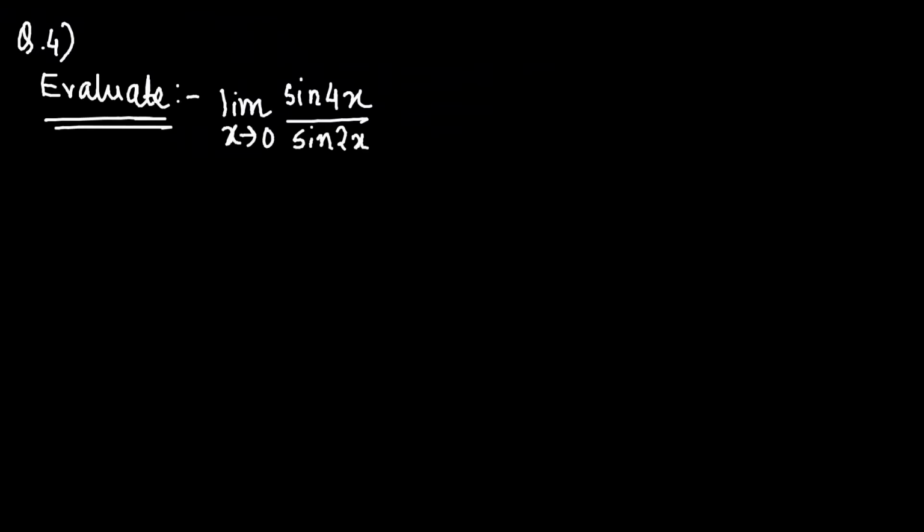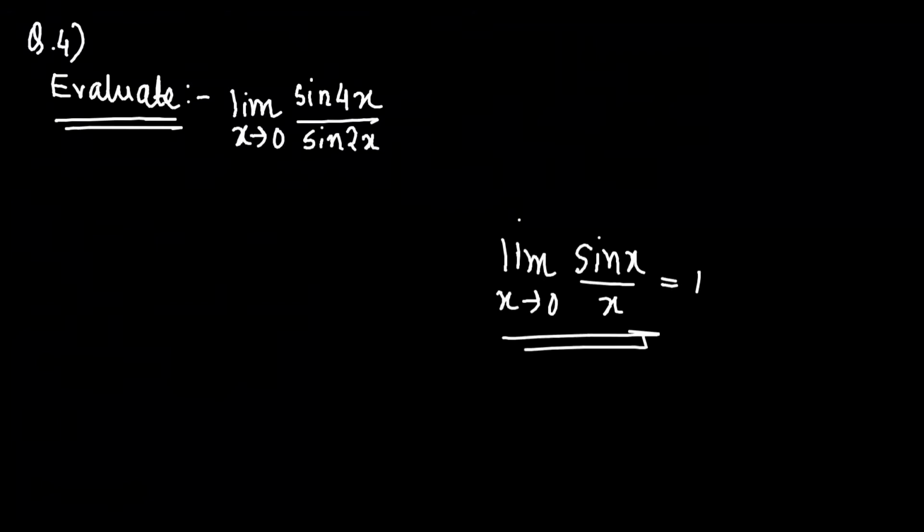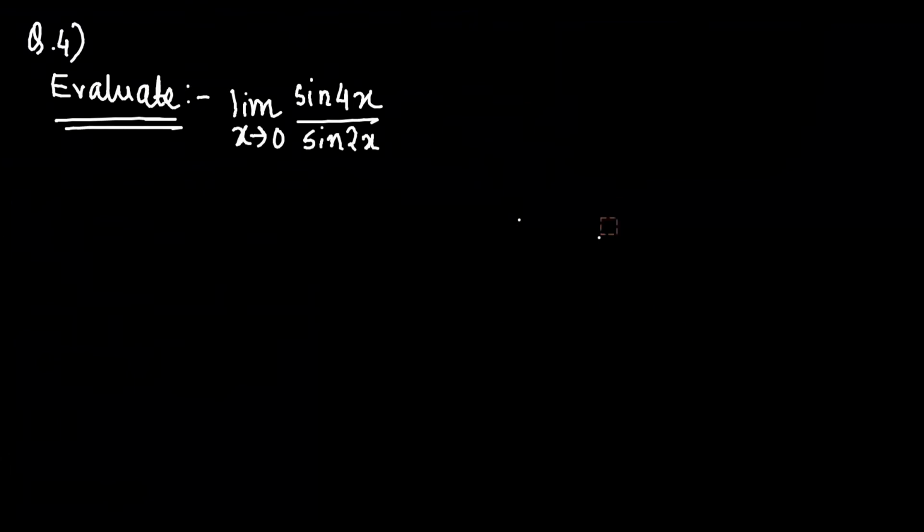Here also we have to evaluate this function, sin of 4x by sin of 2x, that is limit x tends to 0 of sin 4x by sin 2x. Now in limits we have learned a formula, that limit x tends to 0 of sin x by x is 1. So here we will apply this formula.